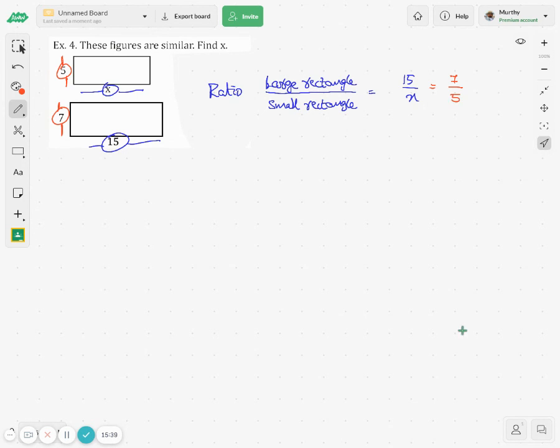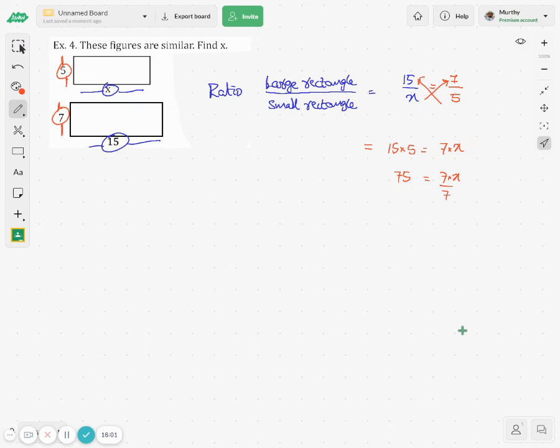Therefore, 7 over 5. As I told you before, I prefer to compute this way. This is called cross multiplication. So 15 times 5 gives me 7 times x. 15 5s are 75, equals 7 times x.